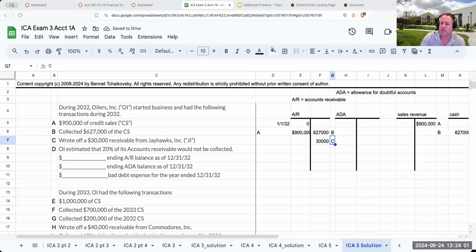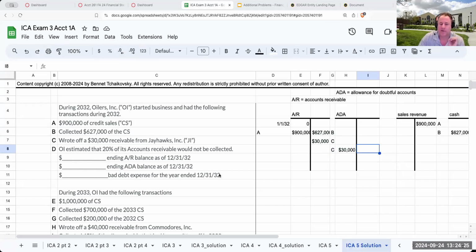But for every credit, I need a debit. I do not debit bad debt expense. Bad debt expense is handled at the very, very end. But instead, I'm going to debit the allowance for doubtful accounts. So, a pretty important distinction there. But again, as you're going through these problems, hopefully it's going to get easier and easier.